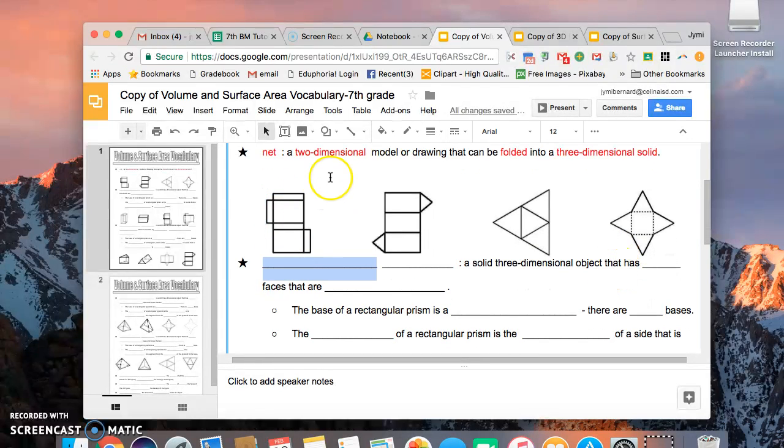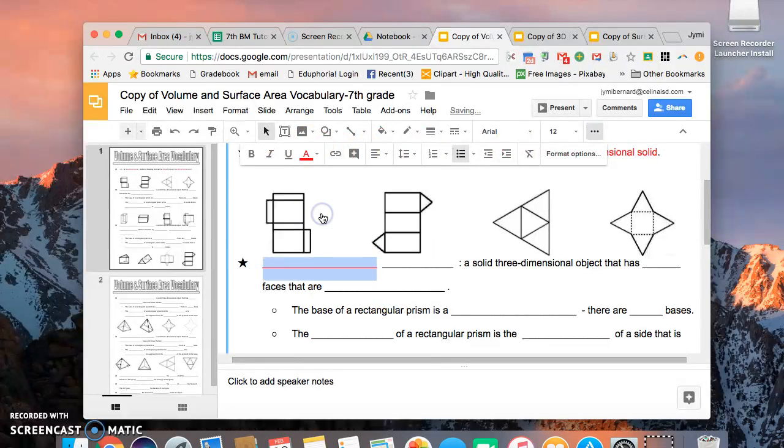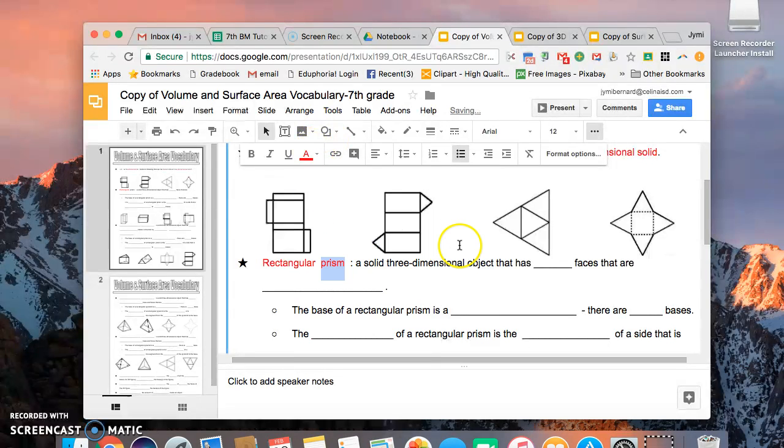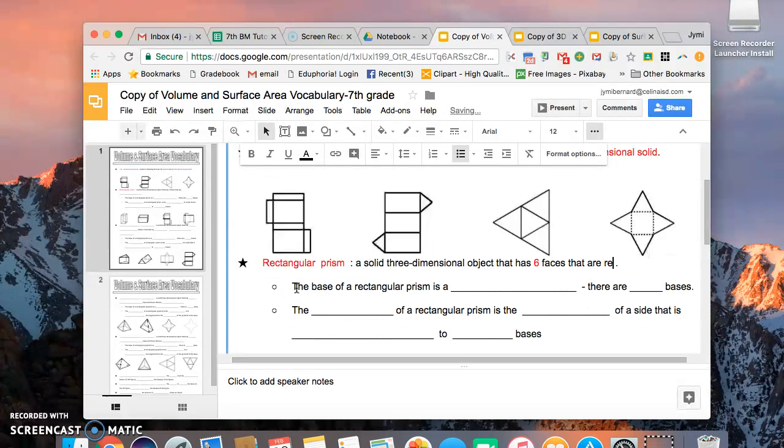Okay, so moving on from that, a rectangular prism. A rectangular prism is a solid three-dimensional object that has 6 faces. We talked about this yesterday on the NERDS activity. 6 faces, and they are all rectangles.